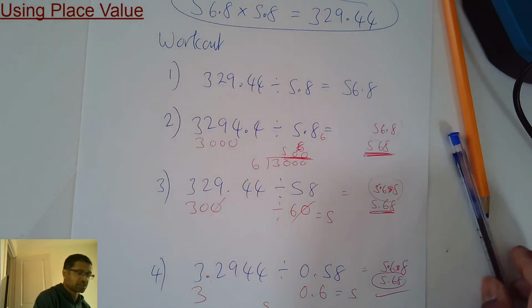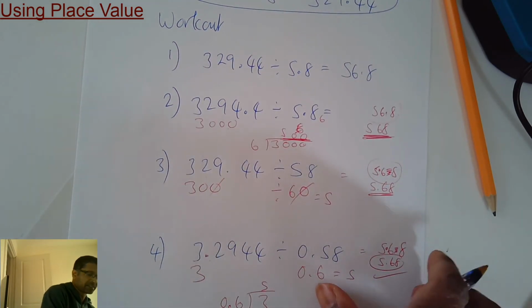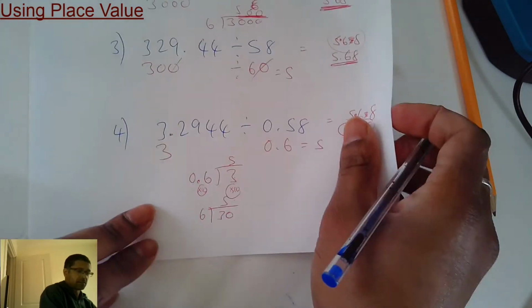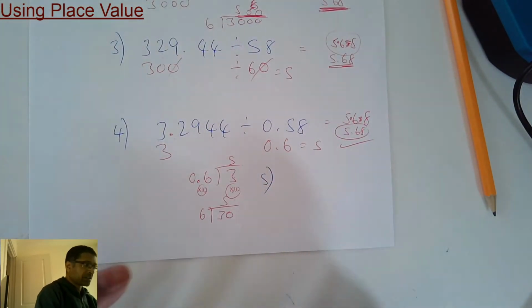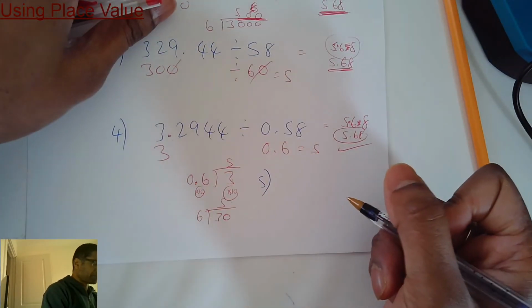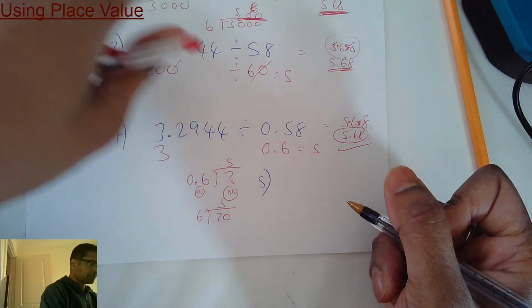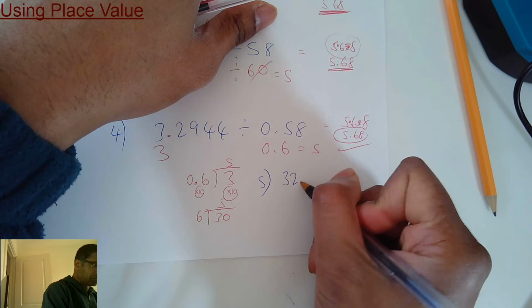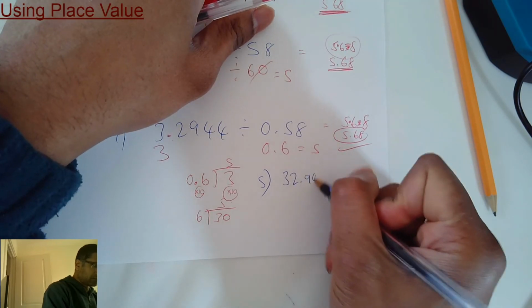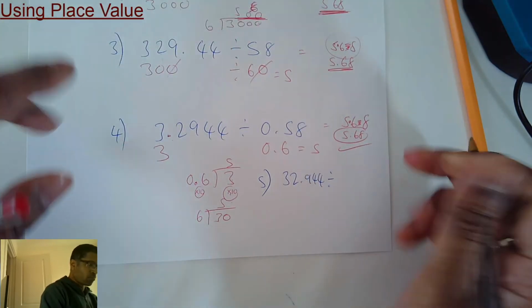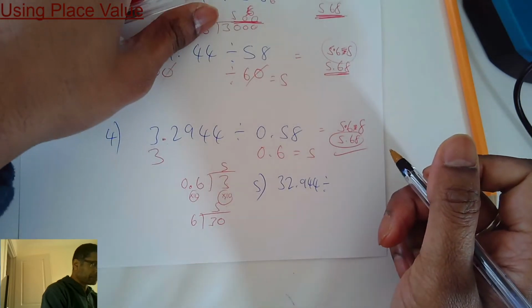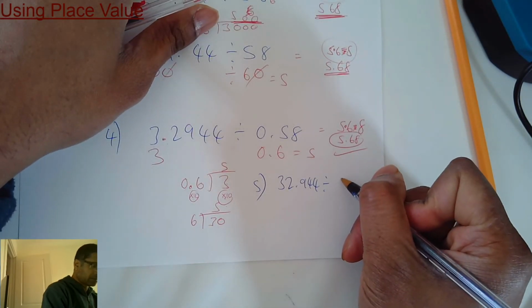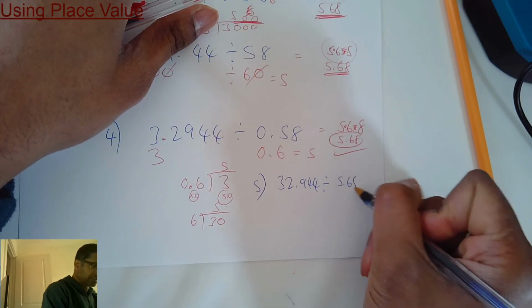I could have had a question like this, for example. Let's try this one then. 32.944 divided by 5.68.